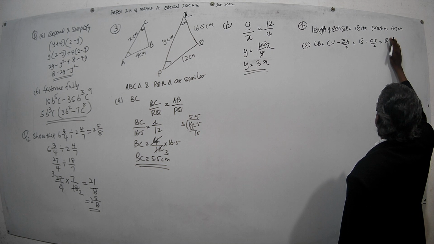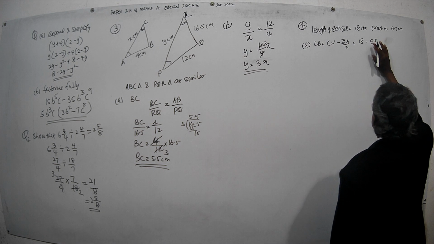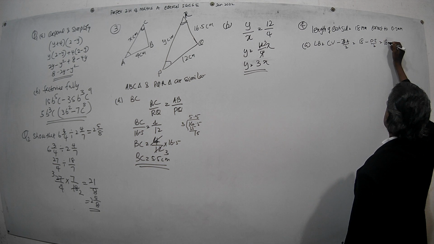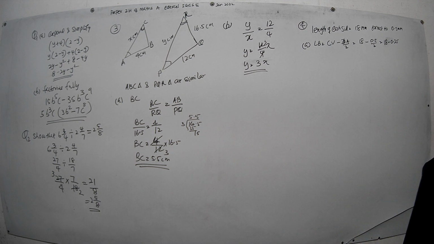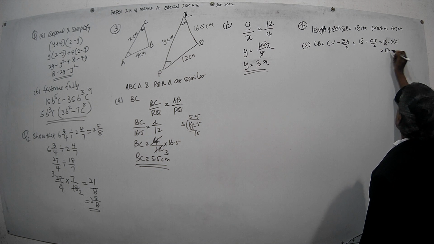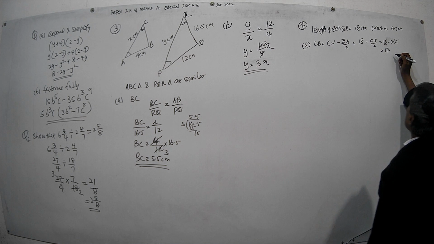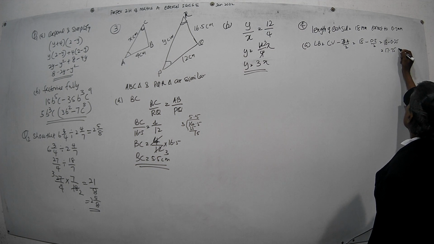You have to deduct this 0.25 from 18, and that will be 17.75 millimeters. Okay, that is the answer.